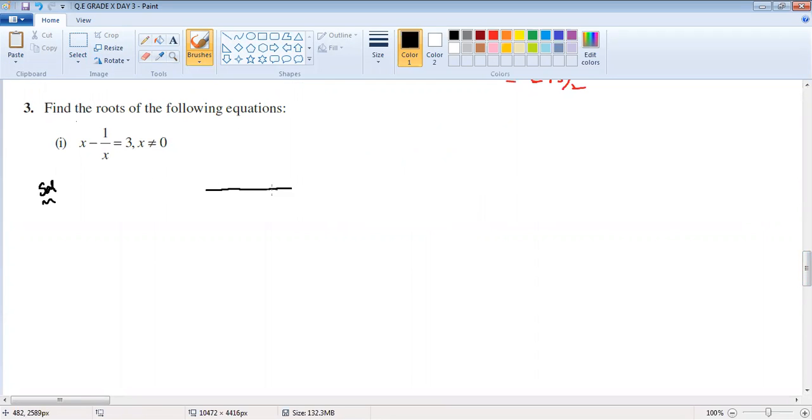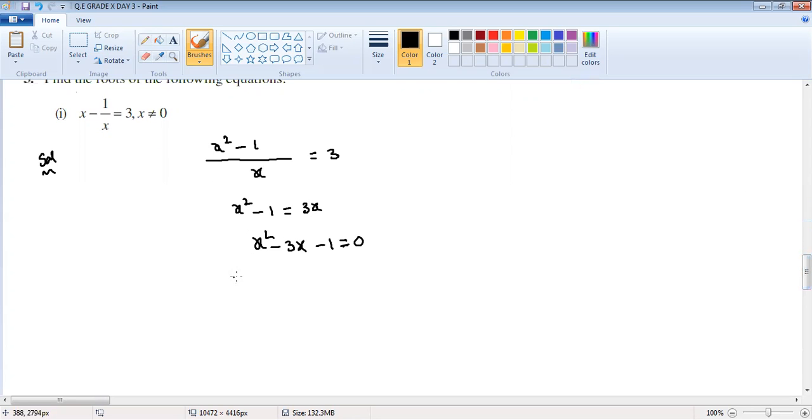First of all, do the LCM. x into x square minus 1 is equal to 3, then x square minus 1 is equal to 3x. Am I right? Then x square minus 3x minus 1 is equal to 0.